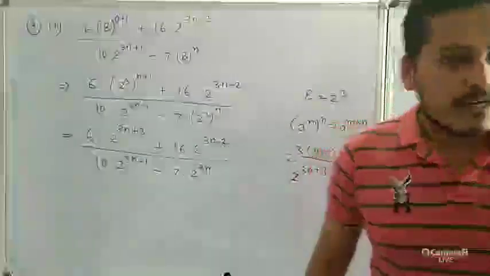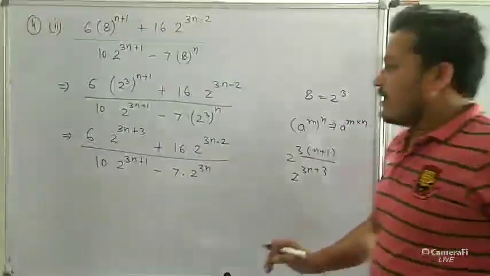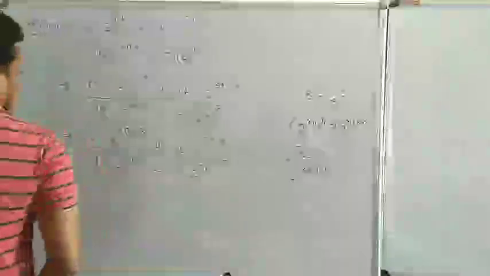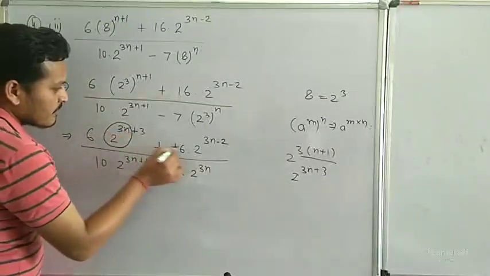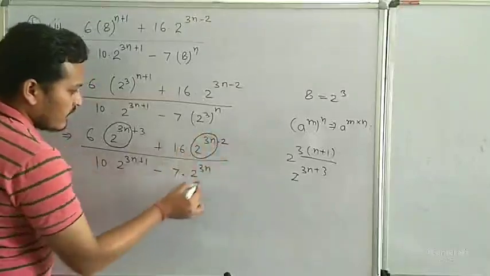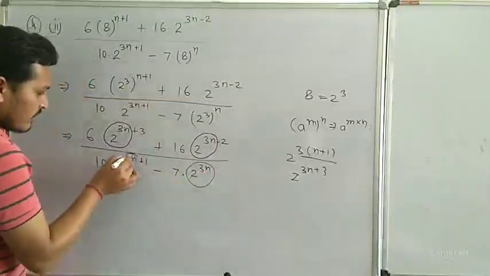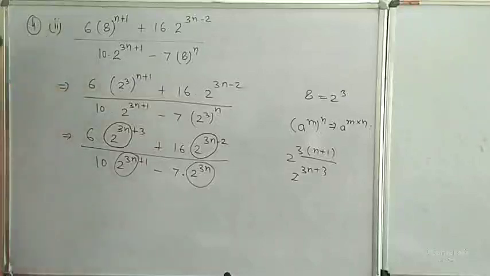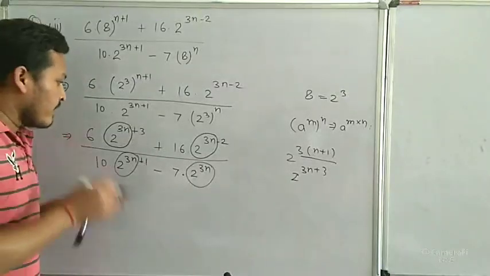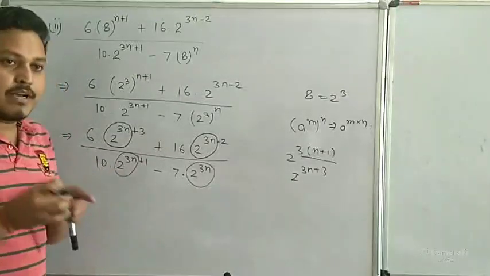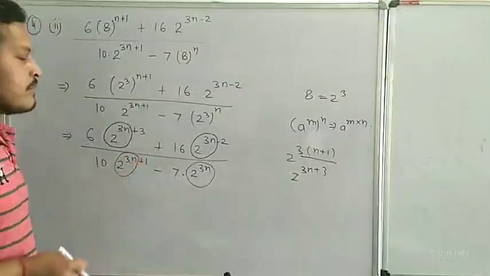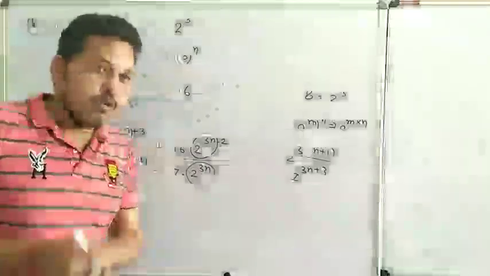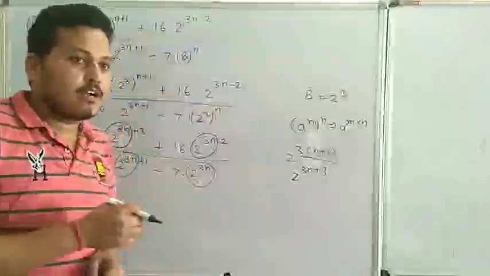I hope you have understood this much, okay. Now we can do one more thing here. 2 to the power 3n appears in every term. Break the numerator and denominator in the form of 2 to the power 3n. So we can take 2 to the power 3n as common, and numerator and denominator can cancel each other.